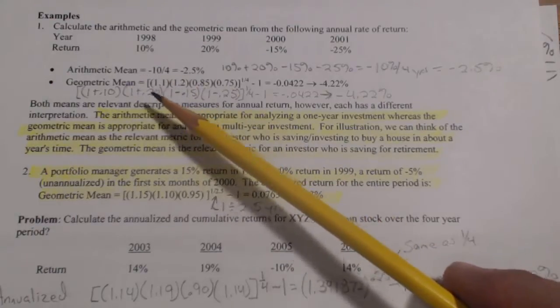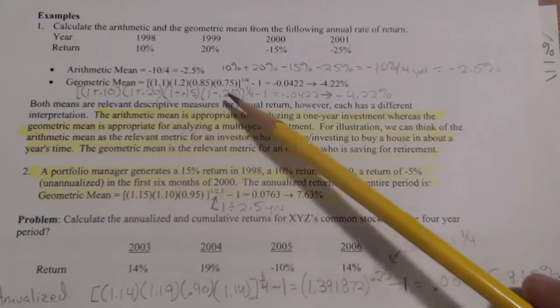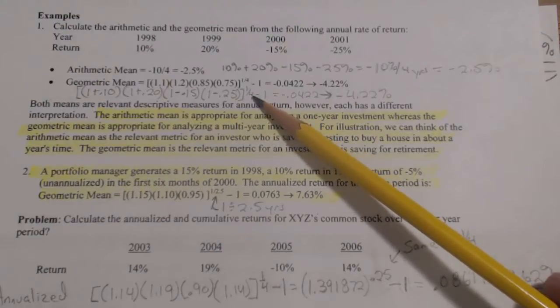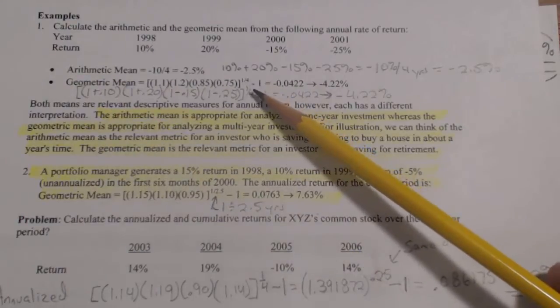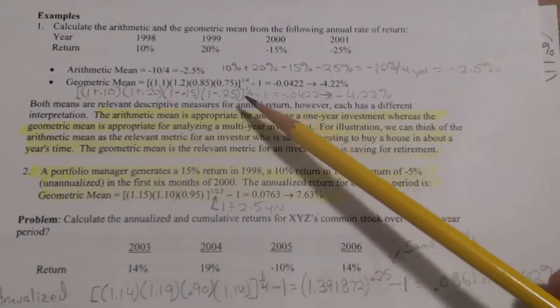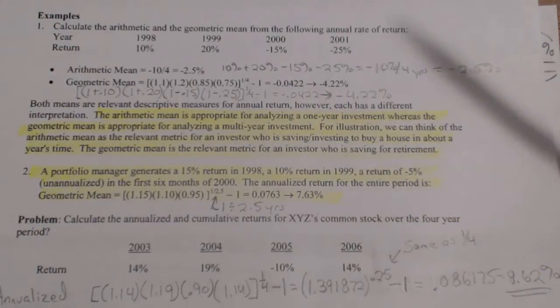Okay, the geometric mean, you take those, add 1 to them so you can multiply them, and you multiply those together, and then you take the factor of 1 over t, which in this case is 1 over 4 because there's 4 periods, and you use that exponent. Then you subtract the 1, and that gives you the percentage.